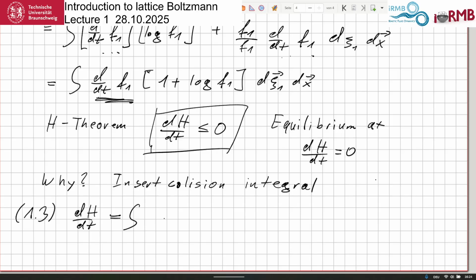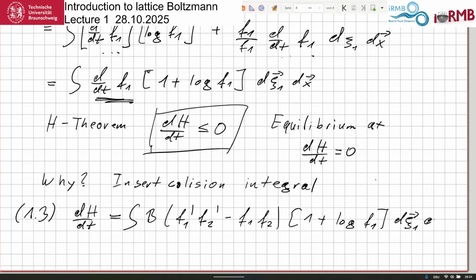So this we can replace by b times (f1' f2' minus f1 f2), and here we have plus logarithm 1 plus logarithm f1. And we integrate this thing over xi1 and dx. So do you already see why this is supposed to be 0? Probably not yet. So let's go on and see something else.